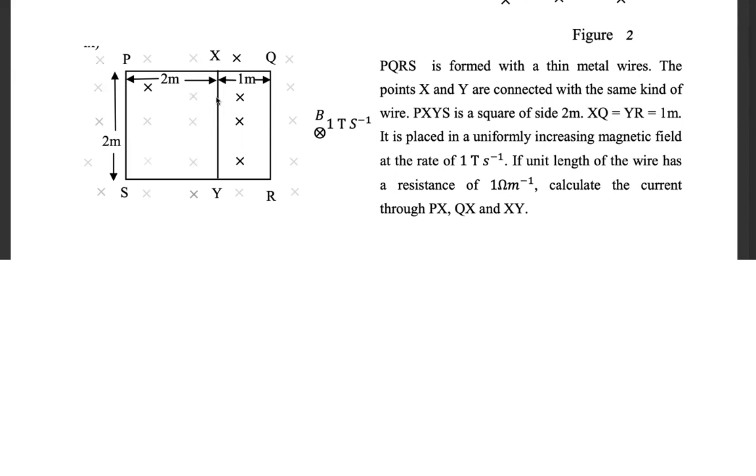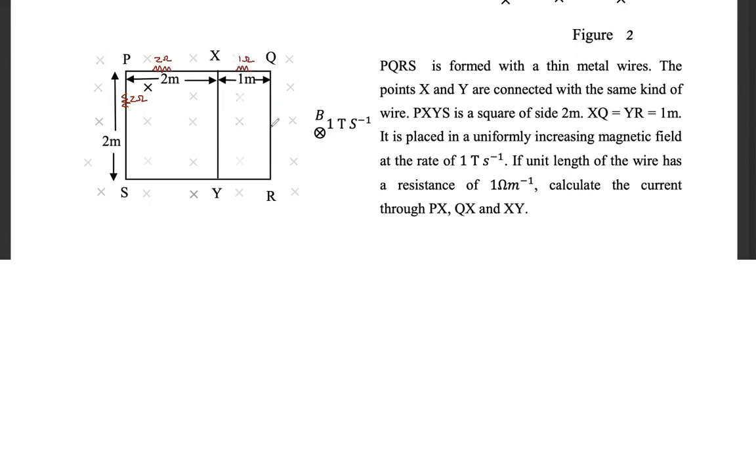We have to consider all these sides as resistors, because they have told us that a unit length of the wire has a resistance of 1 ohm per meter. That means we can mark the resistance of every wire. This wire is 2 meters in length, so it has a resistance of 2 ohm. This wire also has a resistance of 2 ohm. This wire has a resistance of 1 ohm.